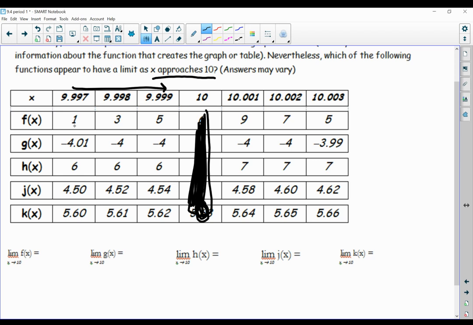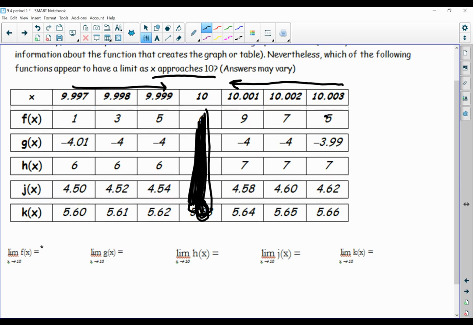If I continue that pattern in my mind, it would go 1, 3, 5, 7. So coming from the left, my intended height of f of x would be 7. Now, if I'm coming from the right, starting at 10.003, I have 5, 7, 9, 11. Because they are not approaching the same number, from the left I'm heading towards 7, from the right towards 11, we would say that this limit does not exist.